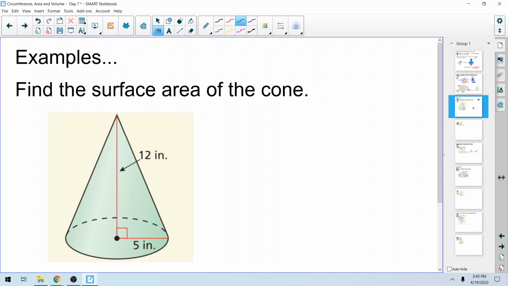Examples. Find the surface area of the cone. So surface area is pi r squared plus pi r L. I'm just going to fill some things in here. Pi is 3.14. The radius on this particular cone is 5.